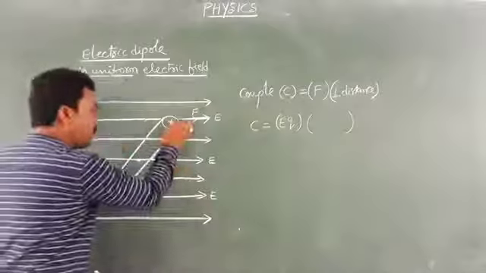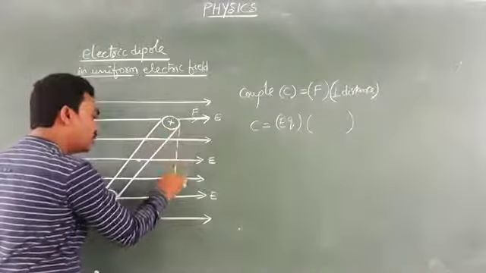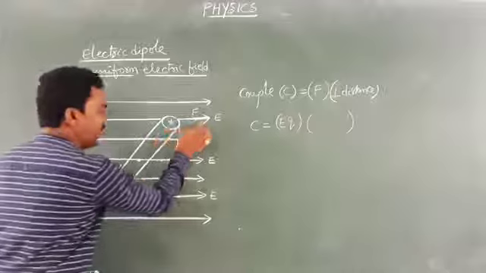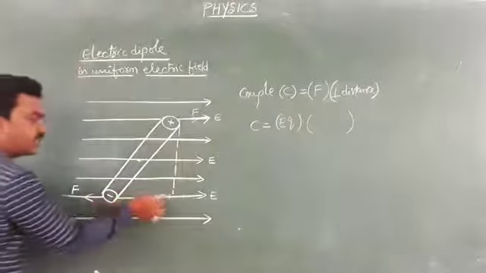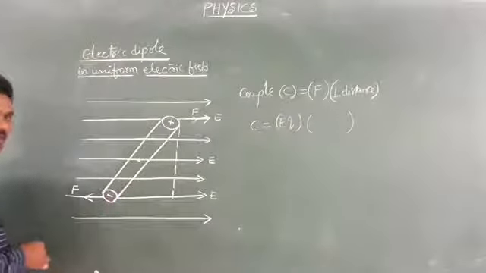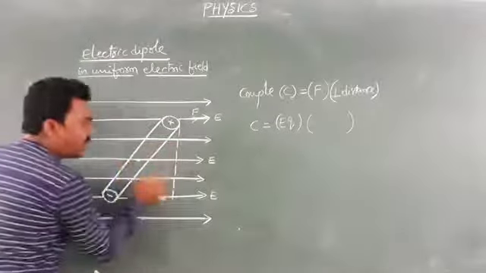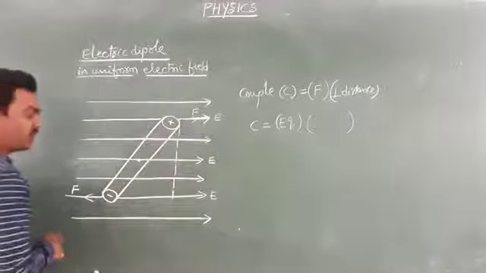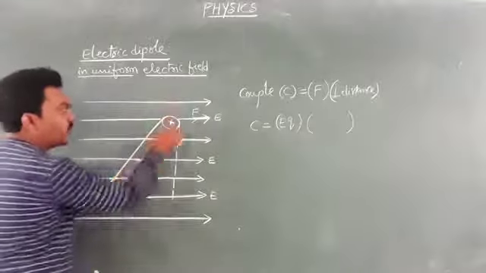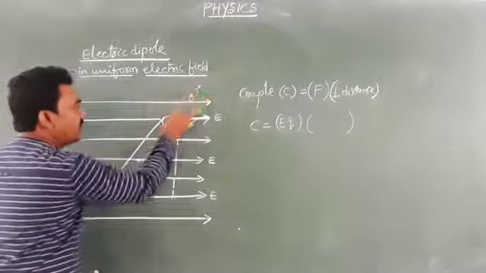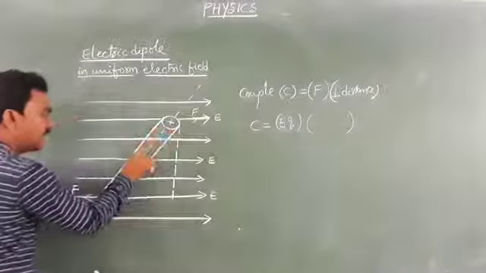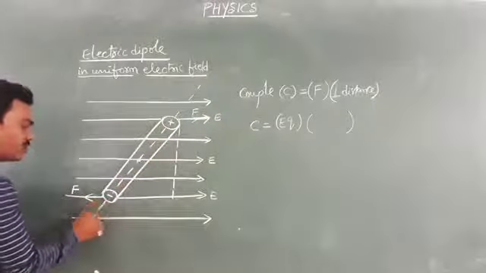Here is the perpendicular distance between the two lines of action. Here is one line of action, here is another line of action, and here is the perpendicular distance. So how do we calculate this perpendicular distance? Look at this. Here is your electric dipole, and this is the axis of the dipole.